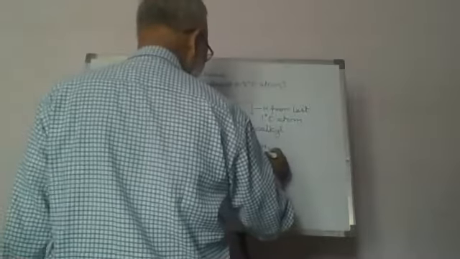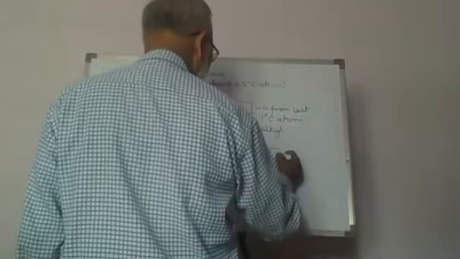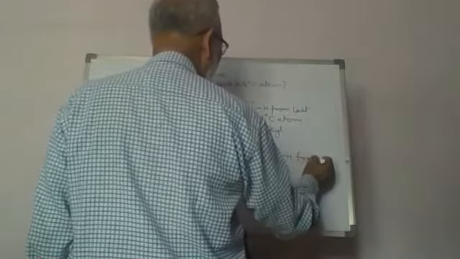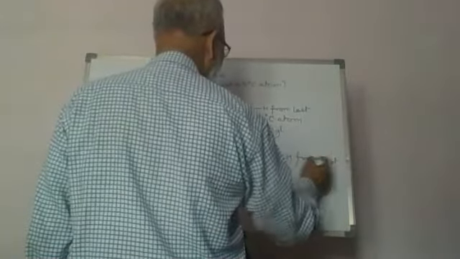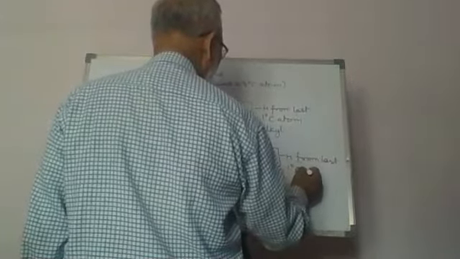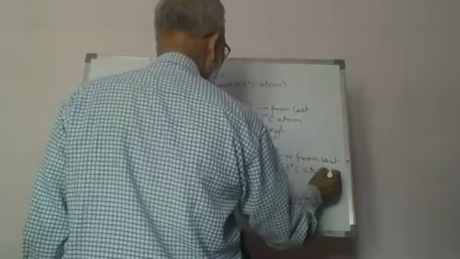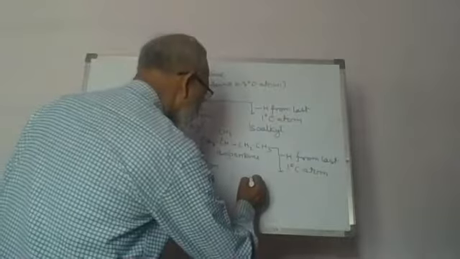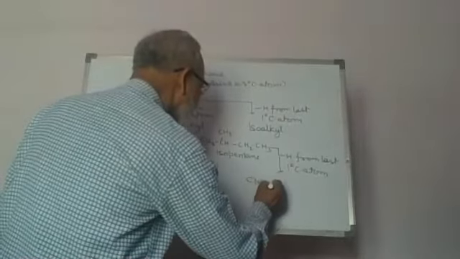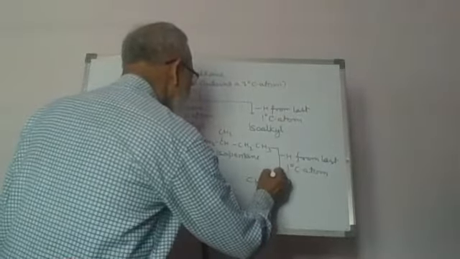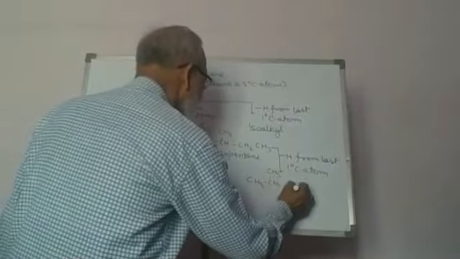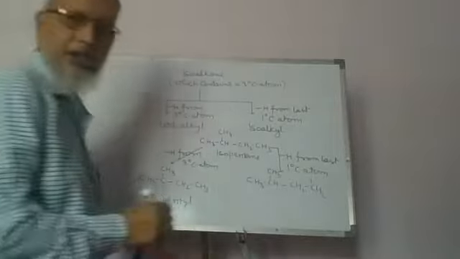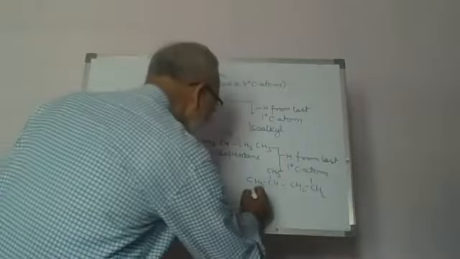And if hydrogen is removed from the last primary carbon atom, that is CH3, CH, CH3, CH2, CH2, this will be called an isopentyl.